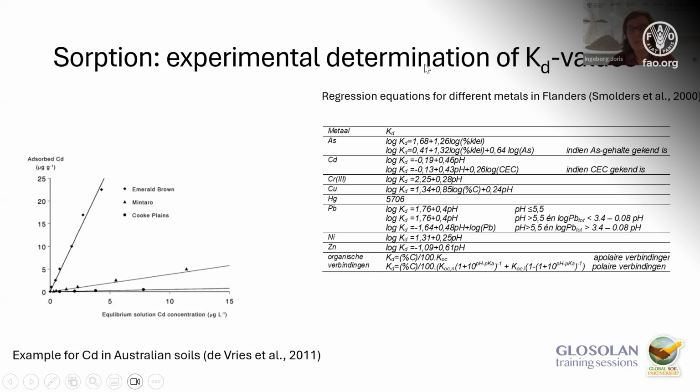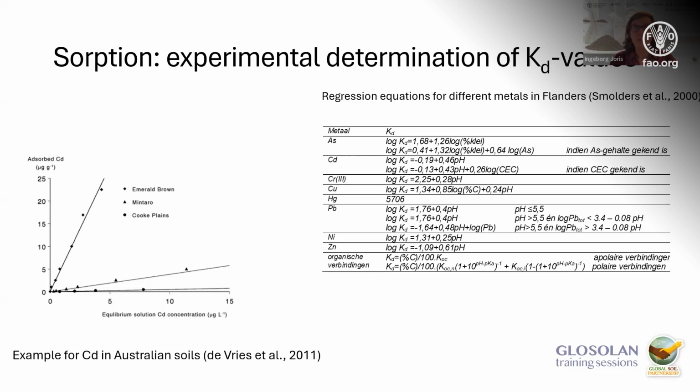It's from an article. To the right, this is a study that is performed on a range of soils in Flanders. You can see a bit more of a range of Kds. So here also, if you assume this linear sorption and you have a Kd value that describes the sorption, for a number of soils, these experiments were done. And the relation between the Kd and other soil parameters was established.